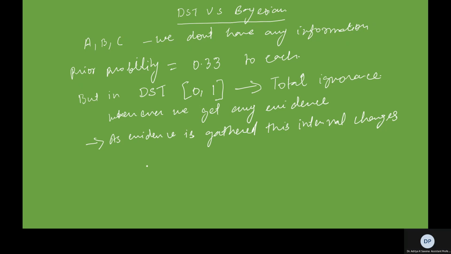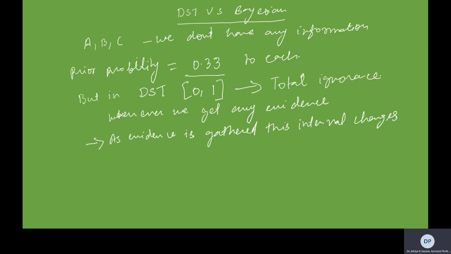Now, the Bayesian approach says that we have information before having evidence. This is the contrast between DST and the Bayesian approach. Here the Bayesian approach says that before evidence, we can give a probability of 0.33 to all three hypotheses A, B, and C. But in DST, this is not the case.